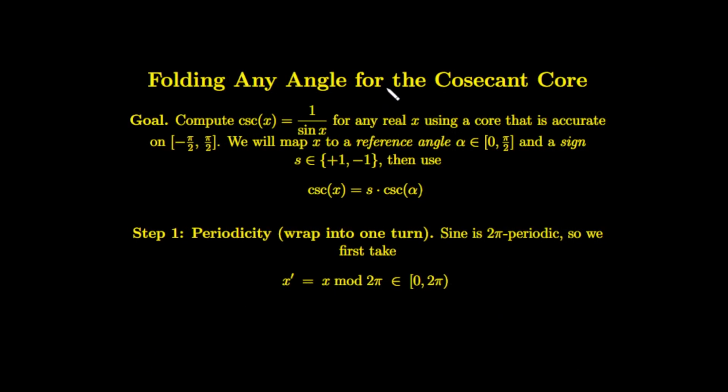So the reciprocal sine function is called the cosecant function. So the goal then is to have the cosecant function, which is 1 upon the value of sine x, for any real value of x.